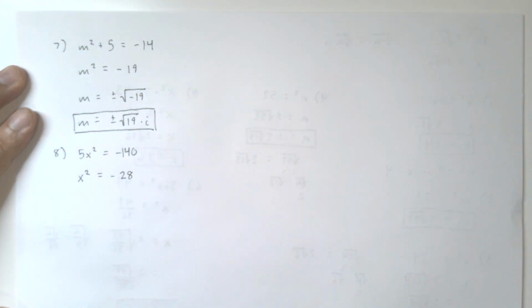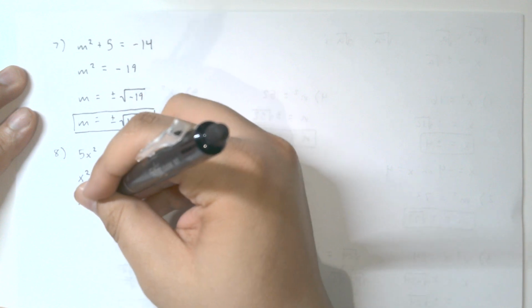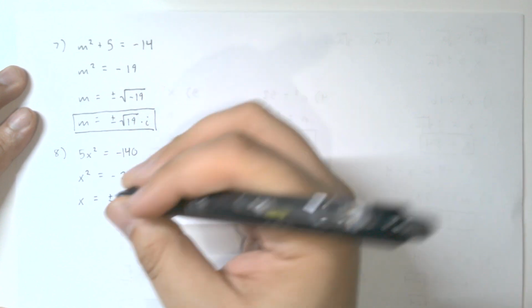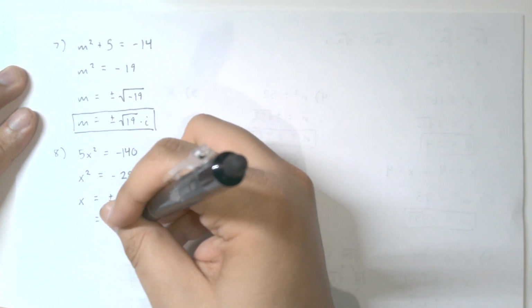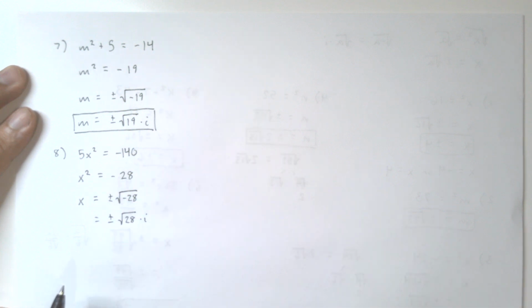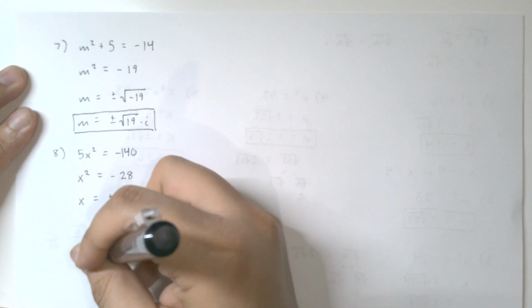And so we have x squared isolated, so let's take the square root of both sides. We get x is equal to plus or minus the square root of negative 28. So we have plus or minus the square root of 28 times i. And then we try to simplify the square root of 28. Fortunately, that one does simplify.